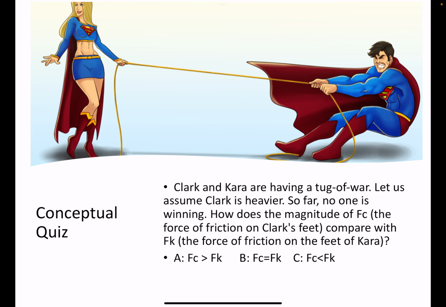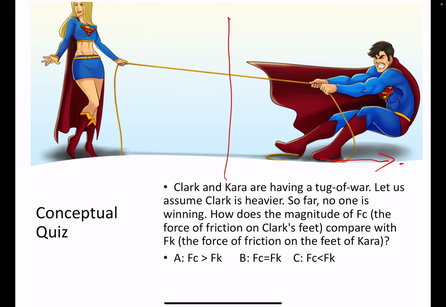Now, another conceptual quiz. We have Superman and Supergirl doing tug of war. No one is winning. Then how does the friction force on Superman and Supergirl compare? No one is winning, which means they are not moving.